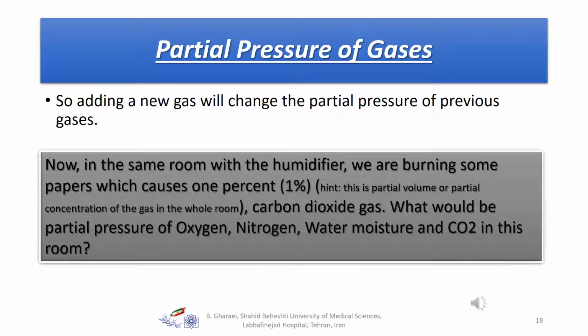Now in the same room with a humidifier with 60 millimeters of mercury, we are burning some papers which causes 1% carbon dioxide gas.